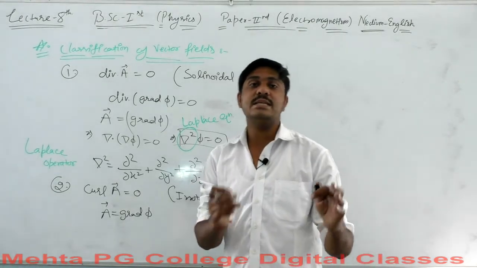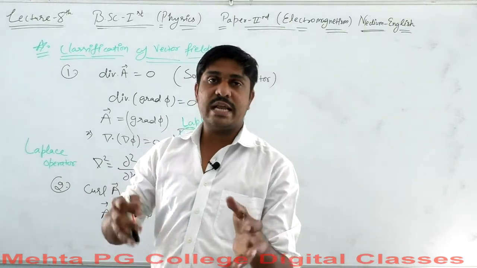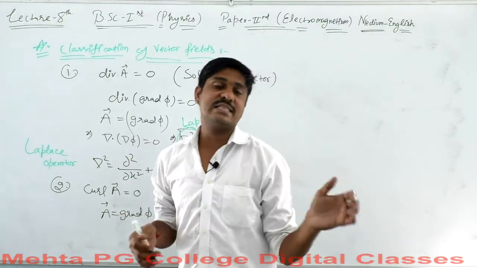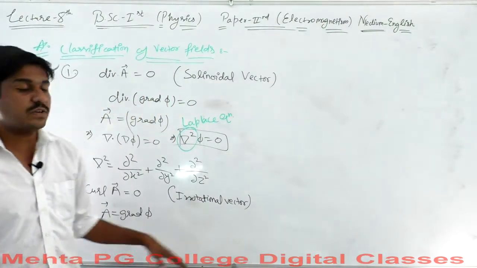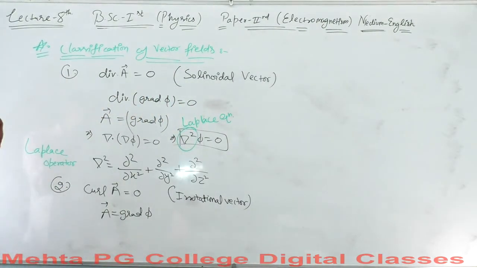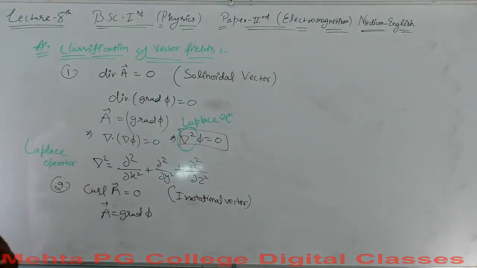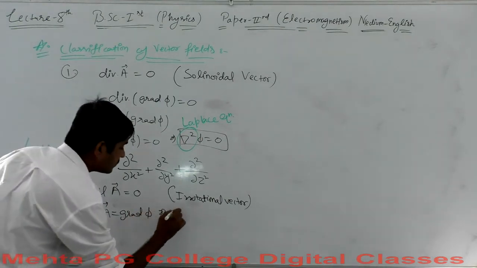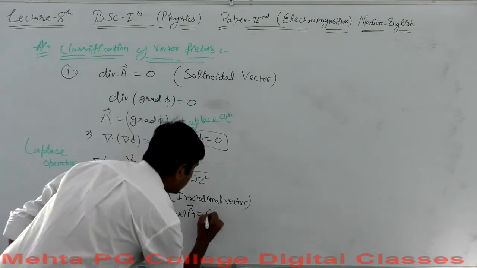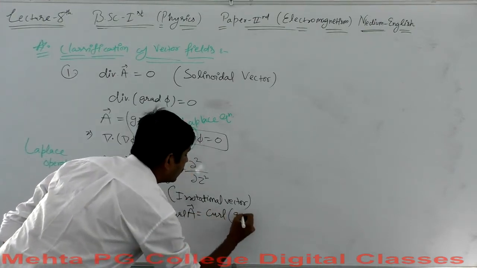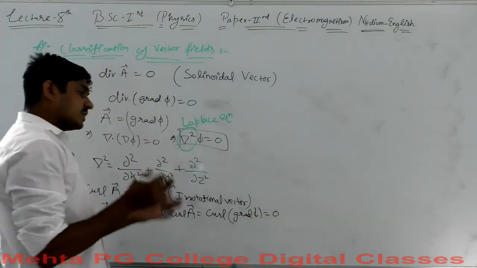If you don't, then please switch to lecture 6 and lecture 7, in which we discussed all the vector algebra identities we are talking about. If A is equal to the gradient of phi, then the curl should be 0, because the curl of the gradient of phi will equal 0.